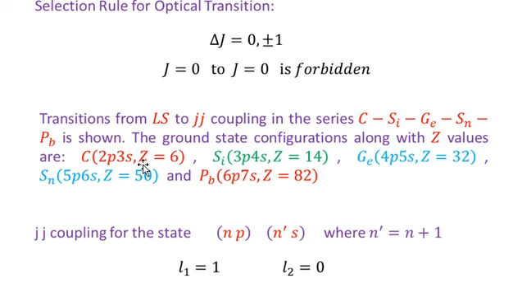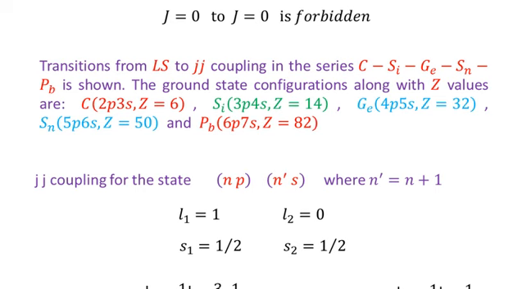So analyzing one of these atoms will give you the same splitting, or the same levels obtained from the JJ coupling, because they depend upon the value of p and s, which is the same for all these ground states.